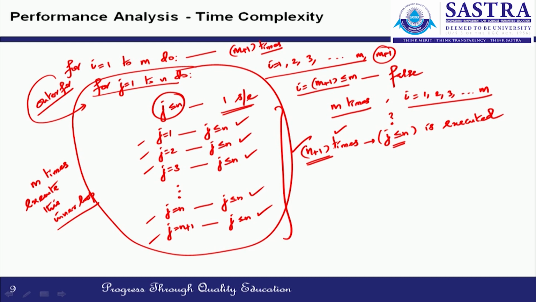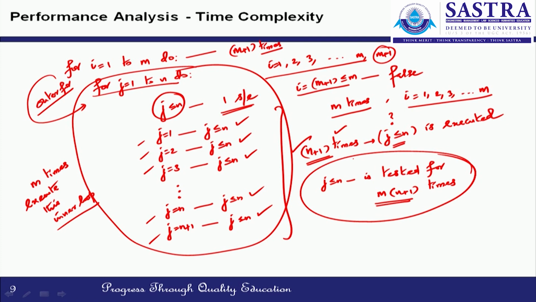So, clearly the conditional test j less than or equal to n is tested for m into n plus 1 times. This is important. j less than or equal to n is tested for m into n plus 1 times.